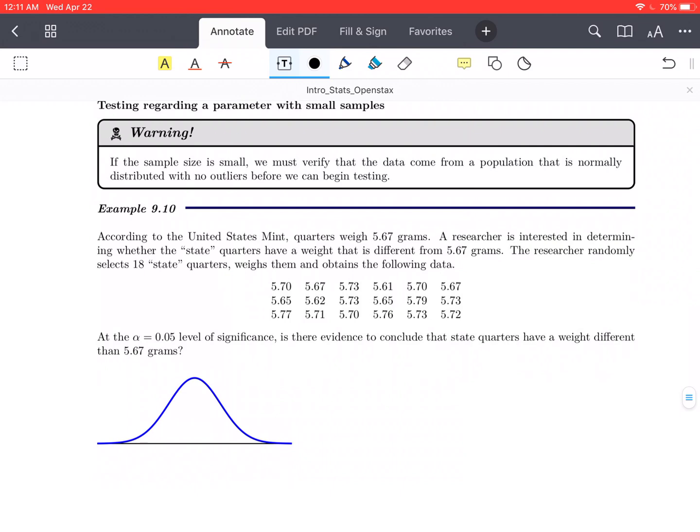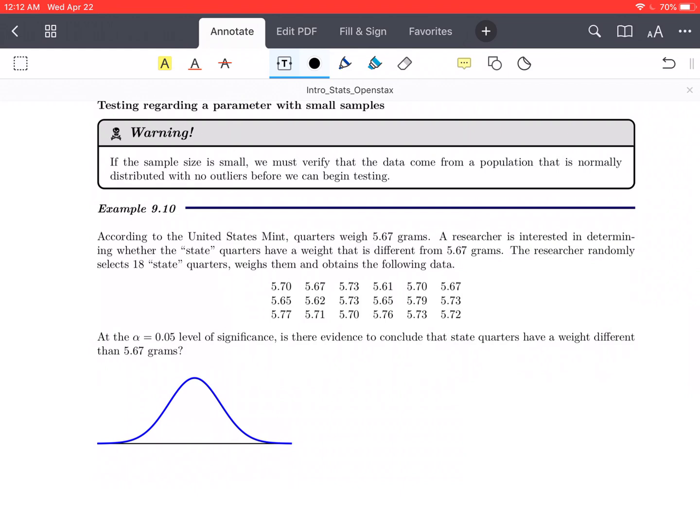So for this example, according to the United States Mint, quarters weigh 5.67 grams. A researcher is interested in determining whether the state quarters have a weight that is different from 5.67 grams. The researcher randomly selects 18 state quarters, weighs them, and obtains the following data. At the alpha equals 0.05 level of significance, is there evidence to conclude that state quarters have a weight different than 5.67 grams?